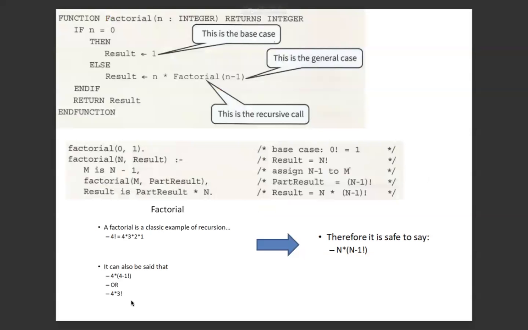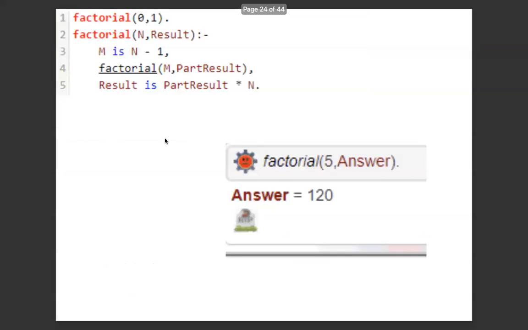If the factorial of 3 is my partial result, my actual result is 4 multiplied by the factorial of 3, the partial result. So that's what's happening over here. The factorial of m corresponds to my partial result, and when I multiply that with n, I will get my actual result. So this is my definition over here.